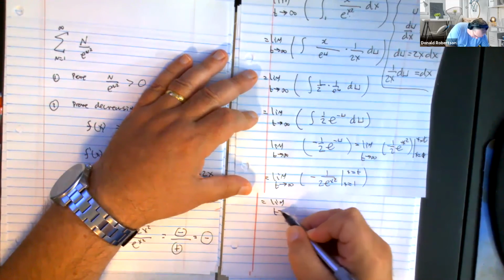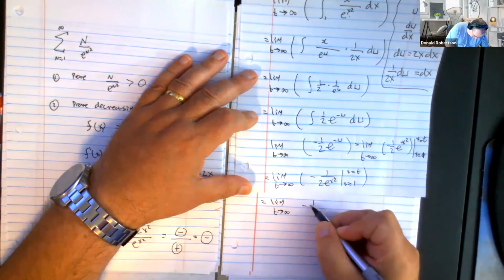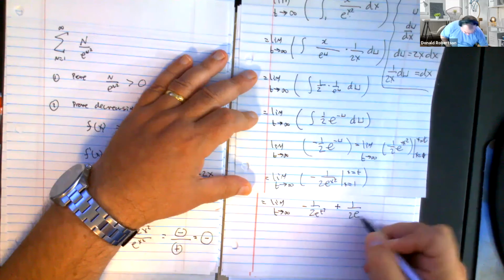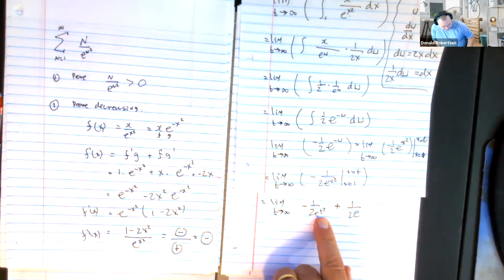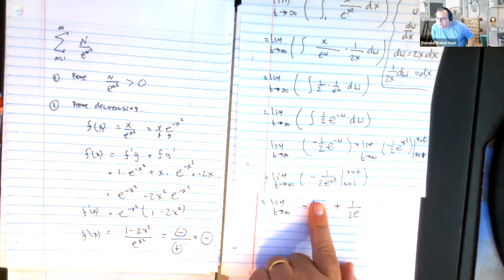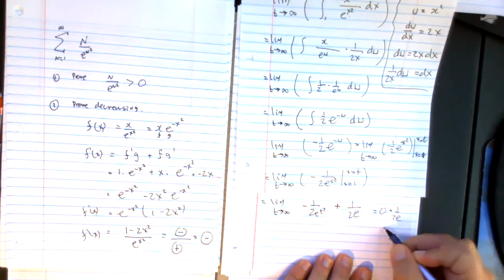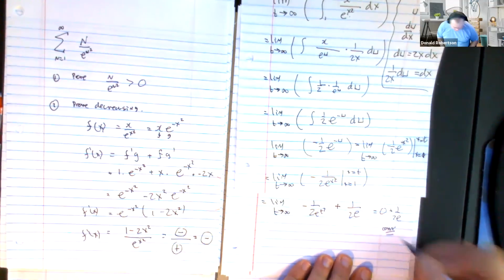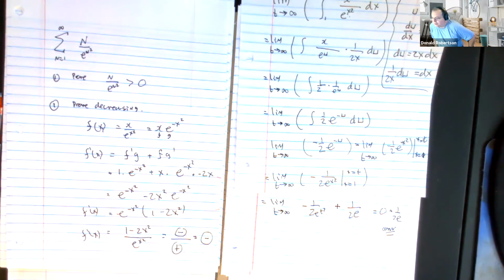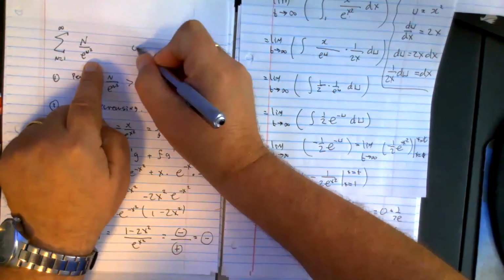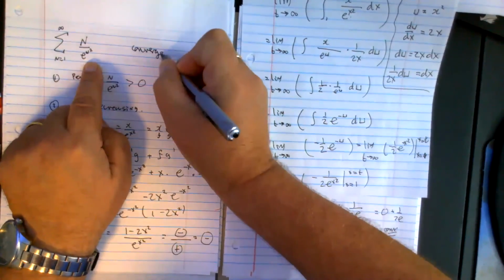That becomes negative 1 over 2 e to the t squared. Take away means add 1 over e to the 1. If you brute force that, doesn't this become 0? Yes. And so what we have is converger. Right, the limit is a number, 1 over 2e. And you can now say that that series converges.